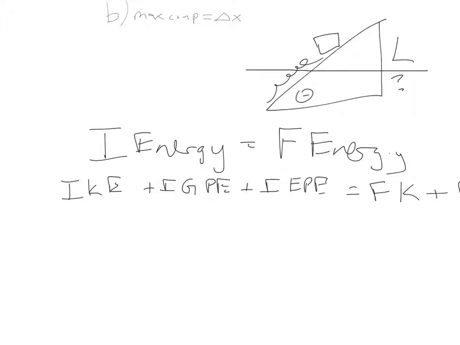Okay, so my initial kinetic energy is actually going to be using the velocity we just found in problem letter A. So that's a half, my mass is 4, my velocity is the square root of 5, and we square that. My initial gravitational potential energy, okay, so if it starts here and comes down to here, that's delta X. And just like last time, we still have this angle right here.